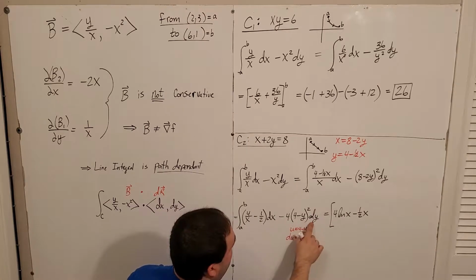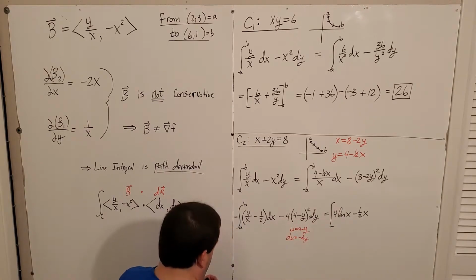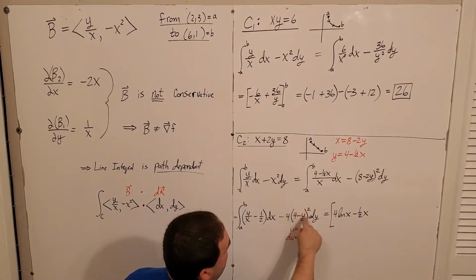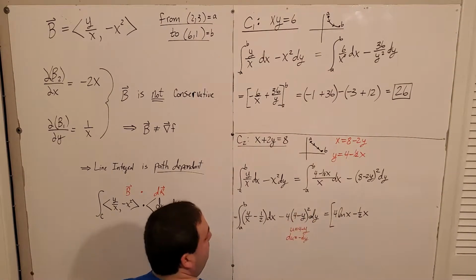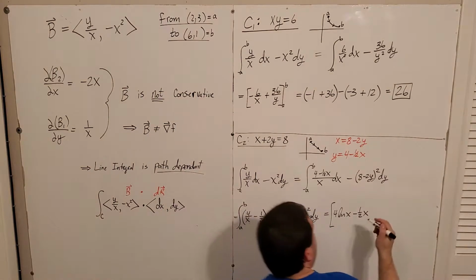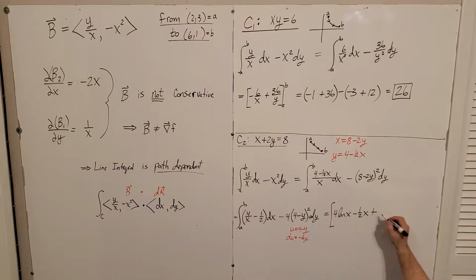So it's going to absorb this negative, and all I'm really going to have to do at that point is integrate this with a power rule. So that's going to give me plus 4 over 3 times 4 minus y to the third power.